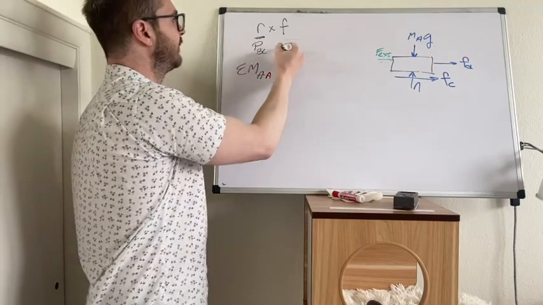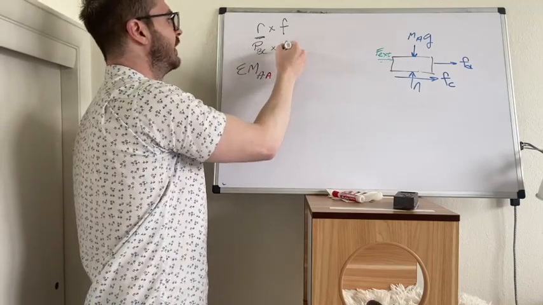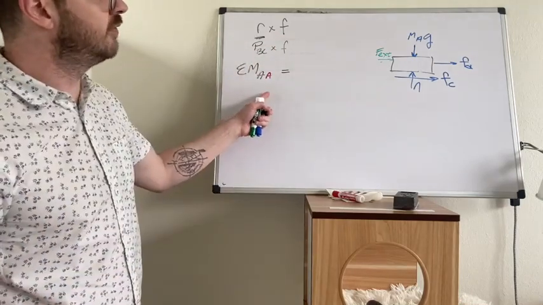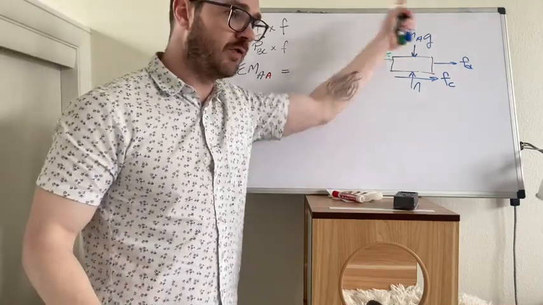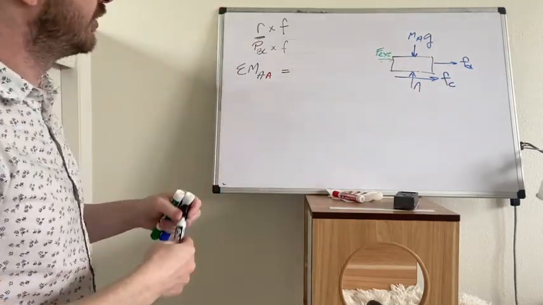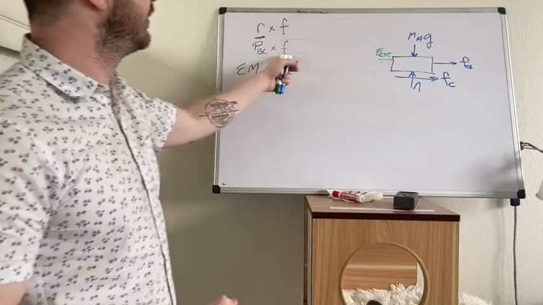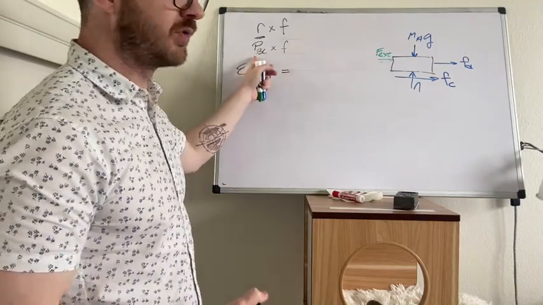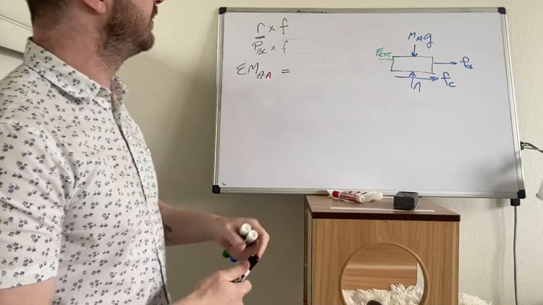It's some position vector, and then you're going to cross it by a force. So we just need to do that for each one of these over here. We just need to know the force, which we wrote down already, and we just need these position vectors.